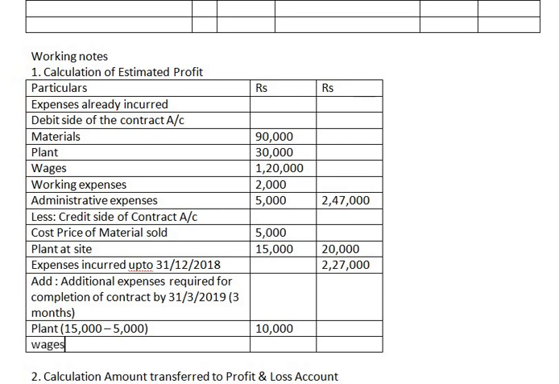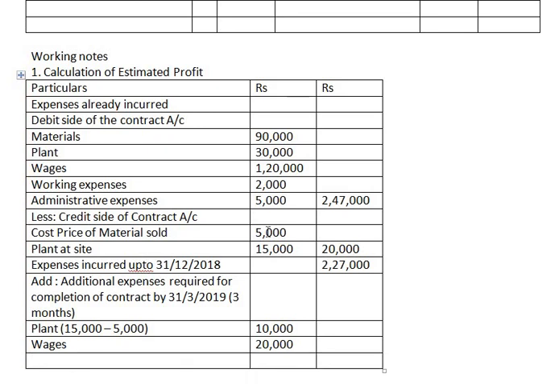Wages 20,000. Working expenses 3,000. Administrative expenses 2,000.